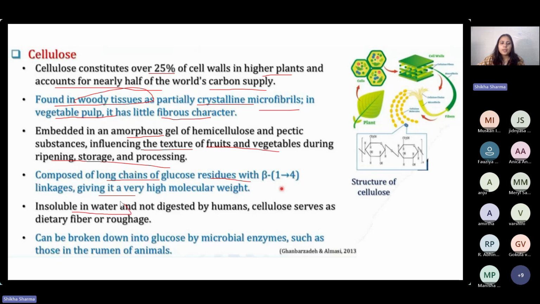It is insoluble in water and not digestible by humans, so cellulose acts as a dietary fiber or roughage for human beings. It can be broken down to glucose by microbial enzymes, so it can be digested by some animals, but not by humans.